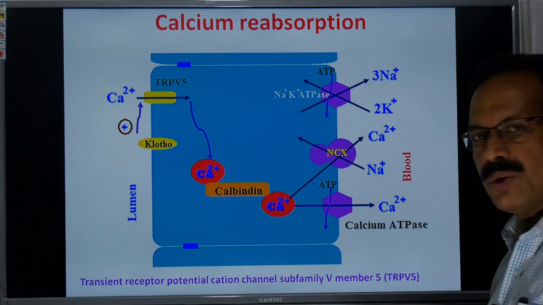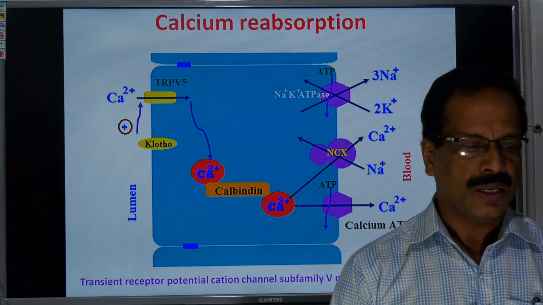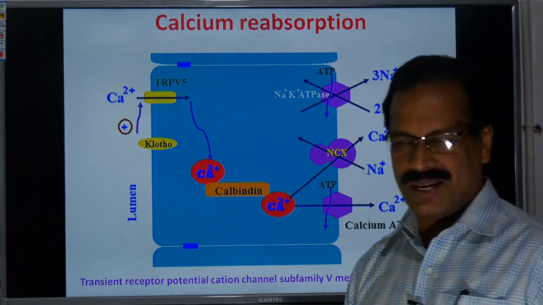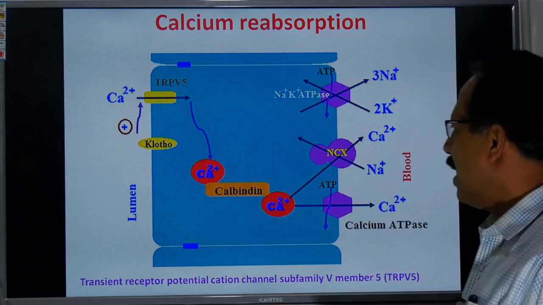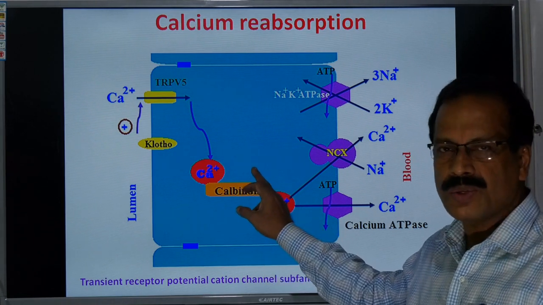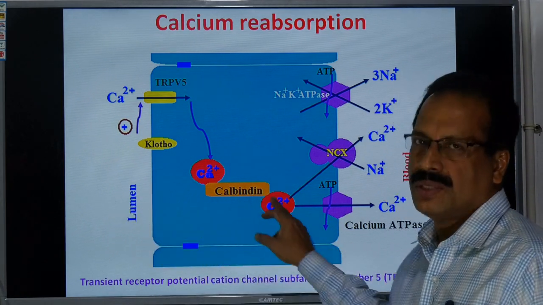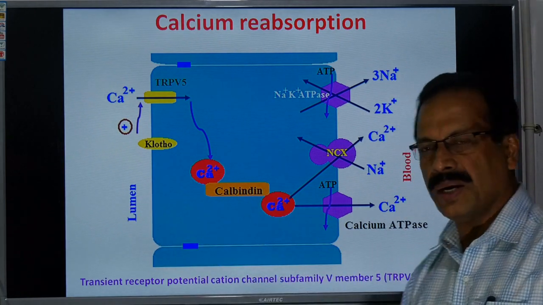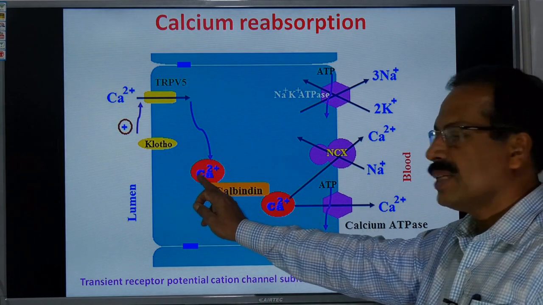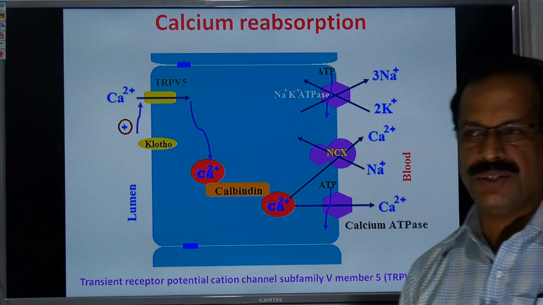When the parathyroid hormone is present, the calcium reabsorption is increased. Calcium absorbed through the calcium channel enters the cell, and if this calcium remains in the cell, a higher amount of calcium ions in the cell will inhibit the movement of calcium from the lumen into the cell. So this is avoided because the calcium that has entered the cell binds with a calcium binding protein called calbindin.